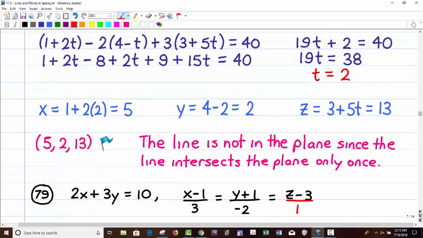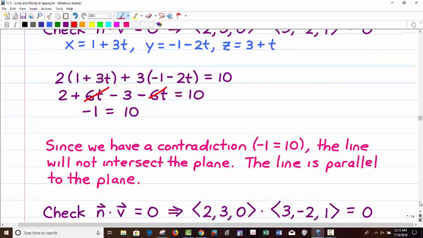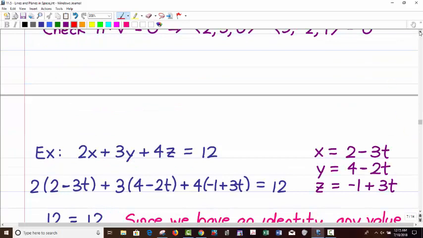As the point where they intersect. Now, the line is not on the plane since the line intersects the plane only once. So if it were, you'd be looking for some sort of answer where you've got infinite possibilities. I think I did one down here.